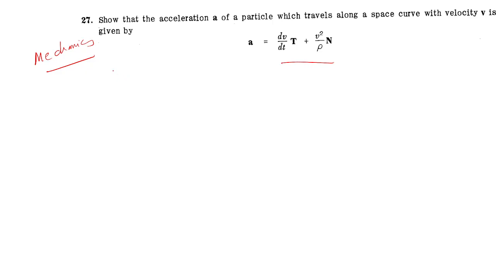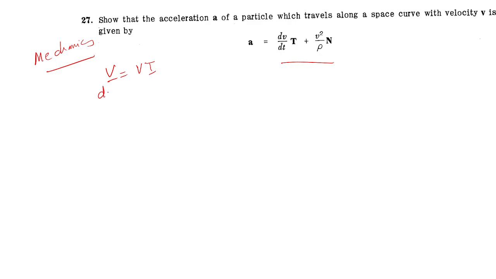We know that the velocity vector, when a body moves in a curve, is equal to the magnitude of the velocity in the tangent direction. So that is the vectorial form of the velocity when a body moves in a space curve.